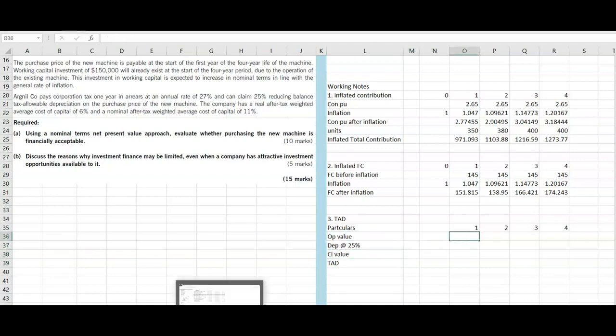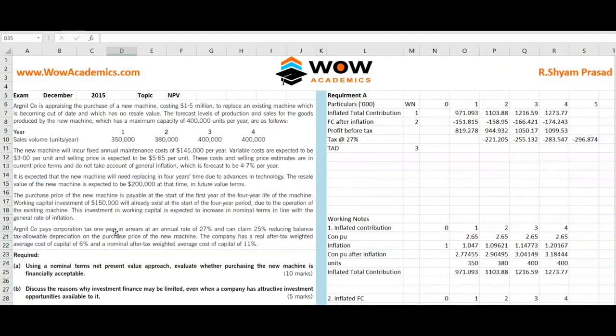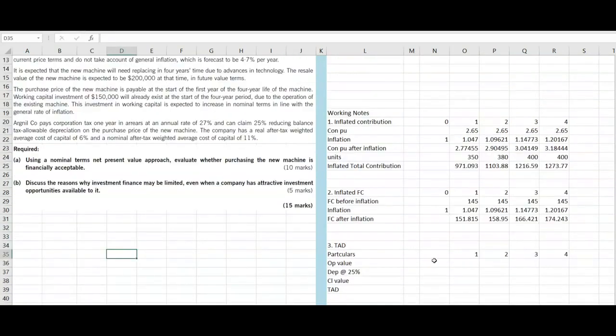So what is the value of the machine? The value of the machine is 1.5 million, but our sum entirely works in thousands, so our answer comes to 1500 as the machine value.